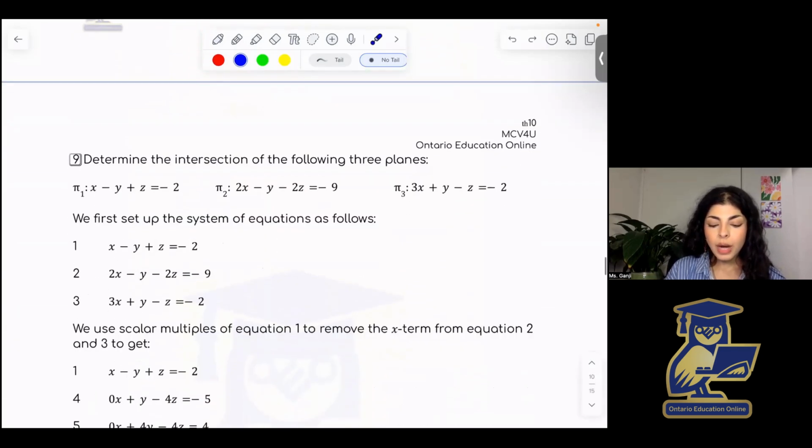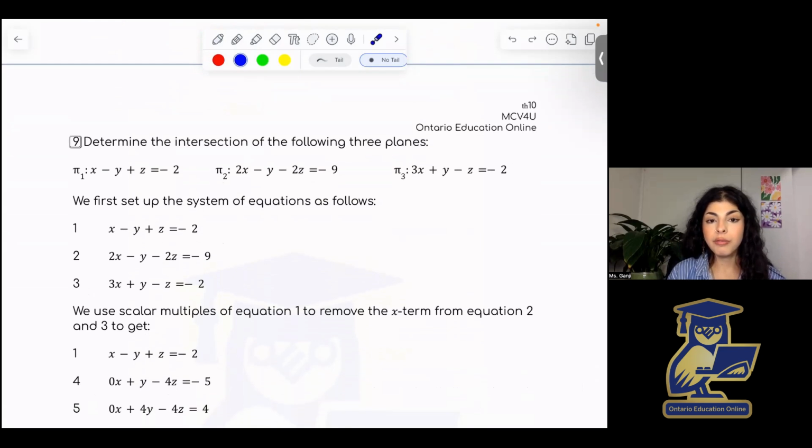Here, we're asked to determine the intersection of the following three planes. Keep in mind, this can either be one point of intersection or a line of intersection, or they could be coincident. Right away, I see that these are not scalar multiples of one another, so they cannot be coincident planes.